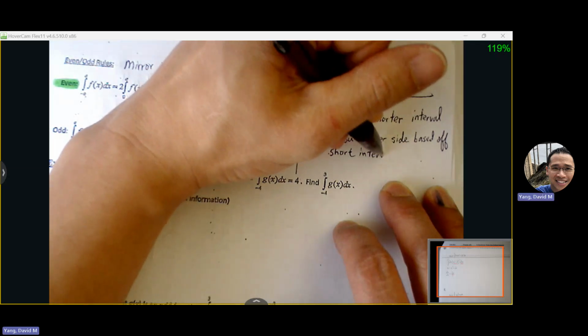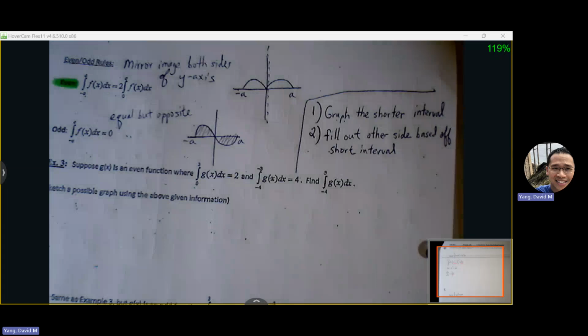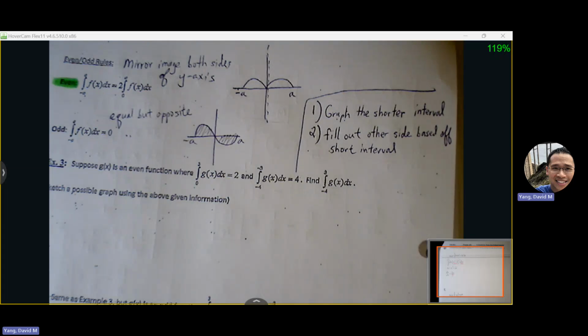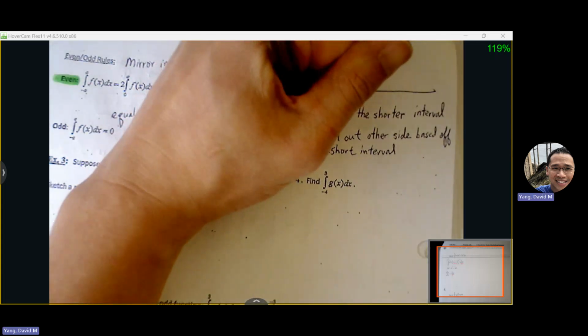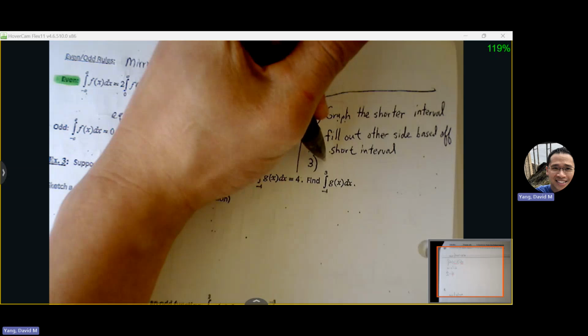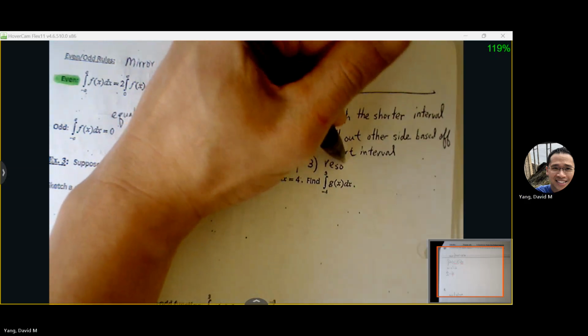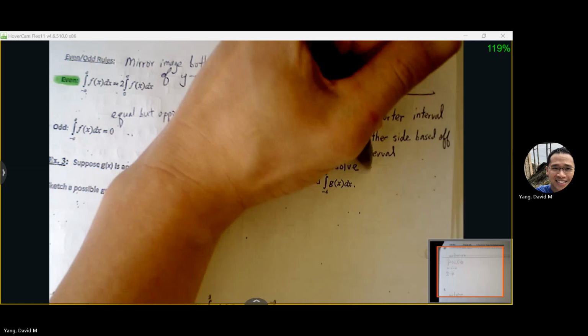So what I mean by that is if it's an even function, you're going to create a mirror image on the other side of the graph. If it's an odd function, you're going to create an equal but opposite on the other side of the graph. And then the third step is now you can resolve the larger interval.